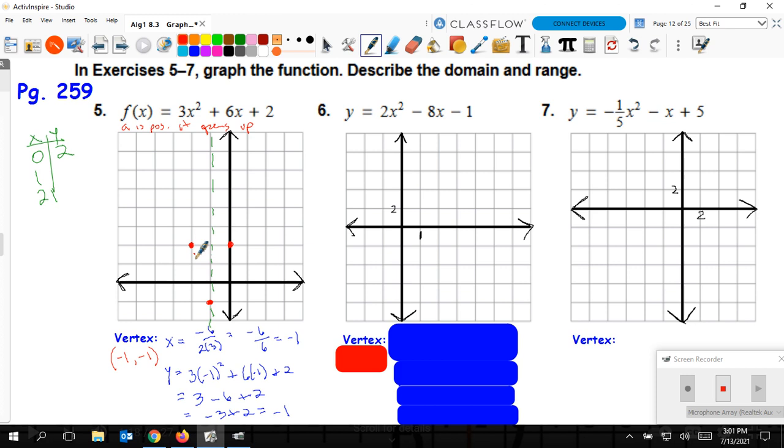Now we can use that, but I think we should get at least 1 or 2 more points to help us get a more accurate view of this. What we can also think of is that our a number is 3. This is a parent pattern with the a number.